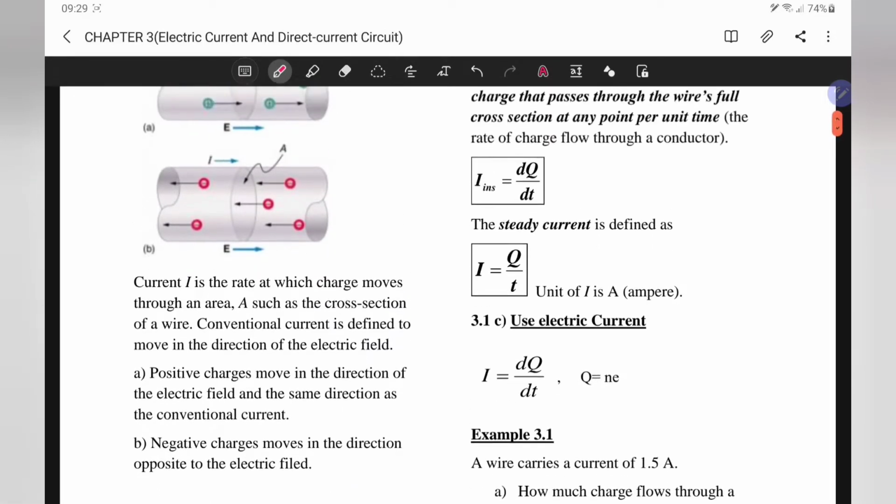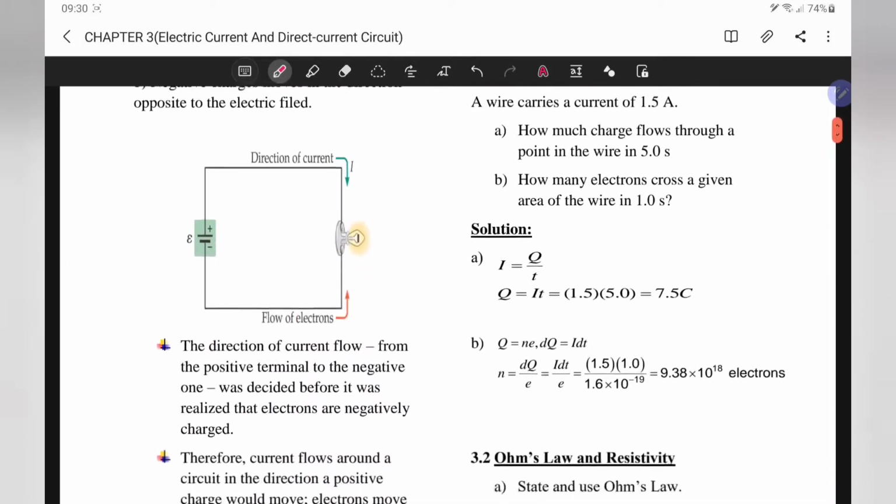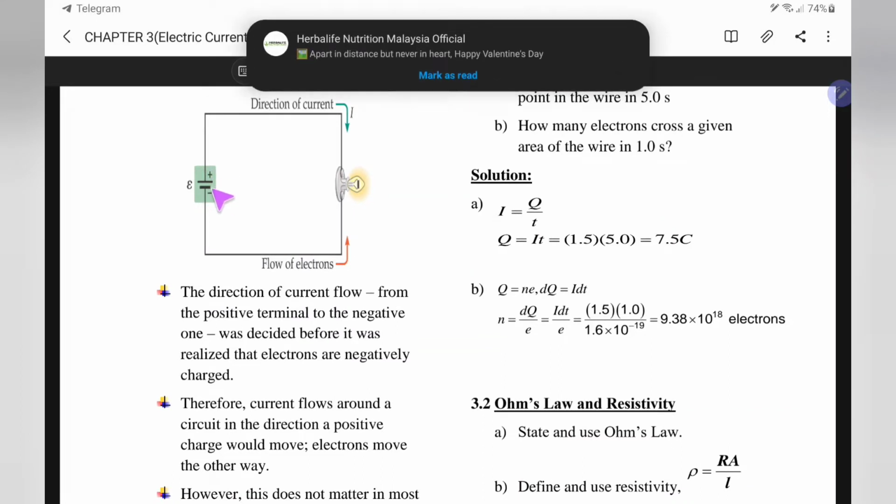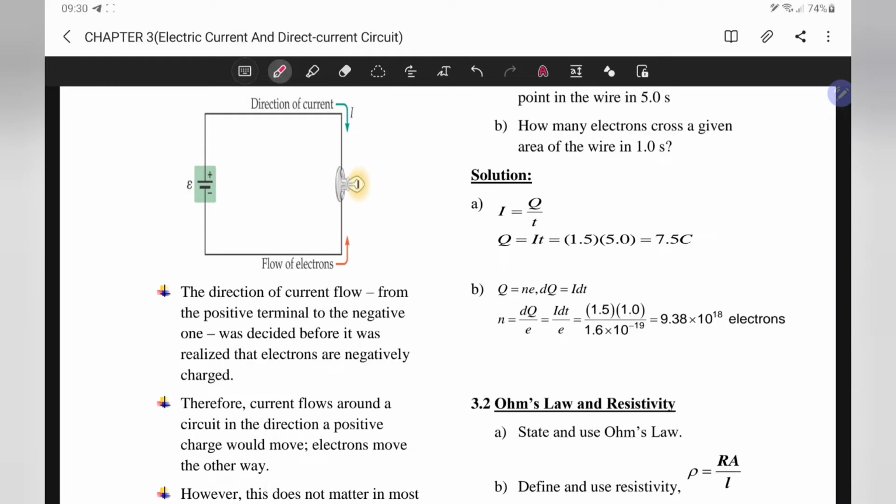Now remember, for our syllabus, we are talking about a current flow where the carrier charge is an electron. So normally the flow of electron must be opposite to the direction of current. For example, this is our cell, with the positive terminal and negative terminal, connected to a bulb, and then connected to the negative terminal.